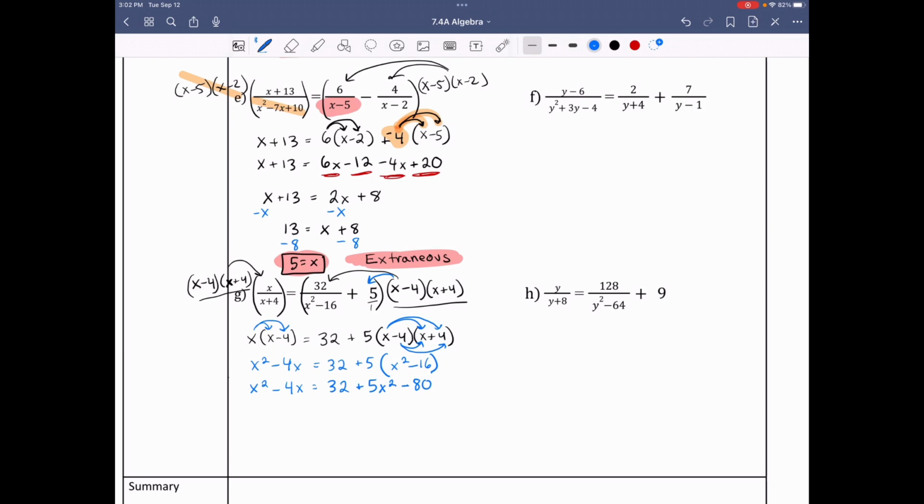All right. Can we collect like terms? Can we get everything on one side? Let's try that. So 32 minus 80 is negative 48.